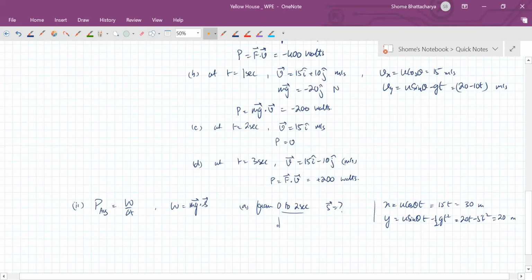So the displacement will be 30 i cap plus 20 j cap in meters.